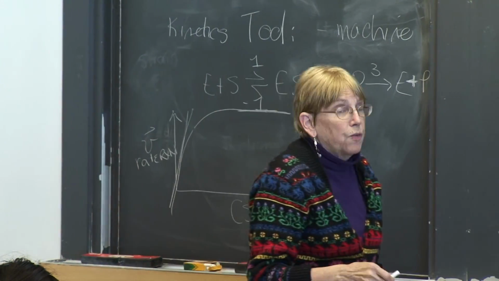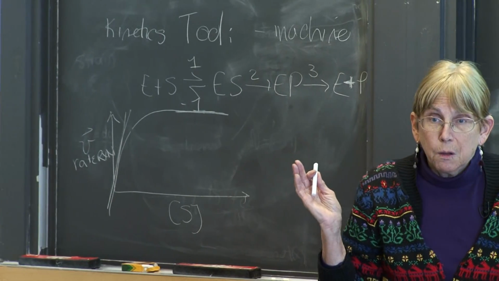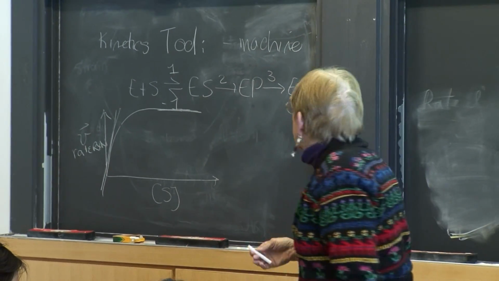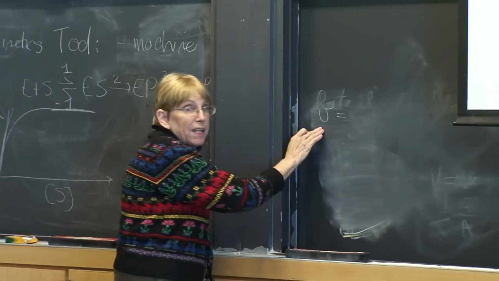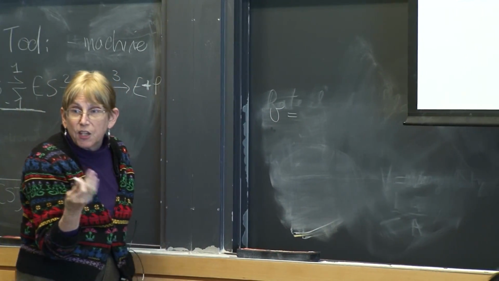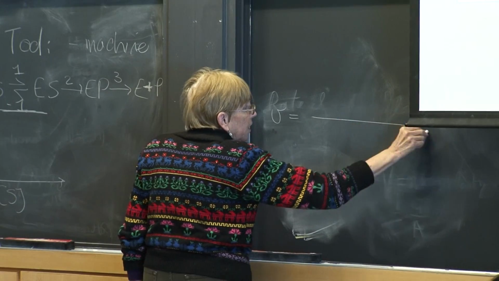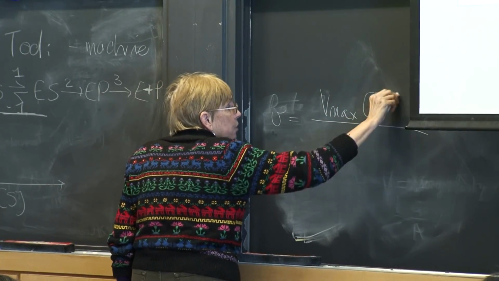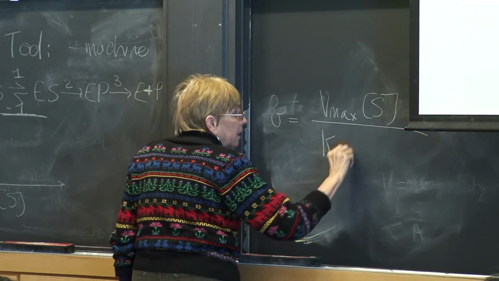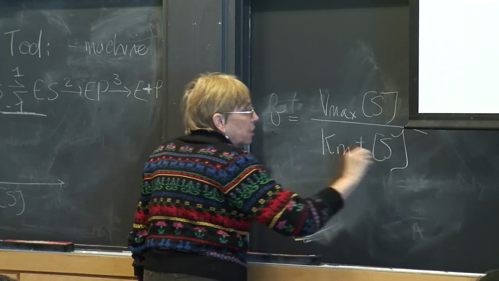So from those observations, people derived equations, a general equation. So the rate of product formation, whatever your assay is that you're using, is equal to Vmax times the concentration of substrate over Km plus the concentration of substrate.